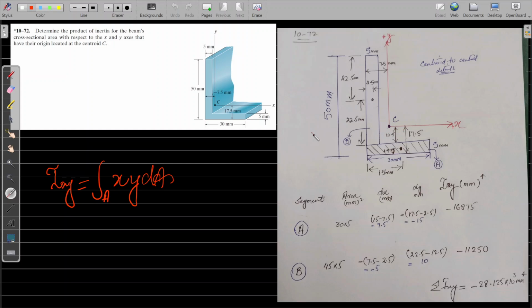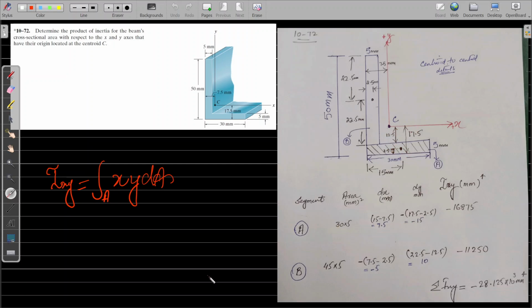For this section, the height of the centroid is 17.5 millimeters, and since it is dy, we subtract the center of the 5 millimeter base depth, which is 2.5, so it is 17.5 minus 2.5. But this dimension lies on the negative y, so we put a minus sign. Do the multiplication and you get this value.